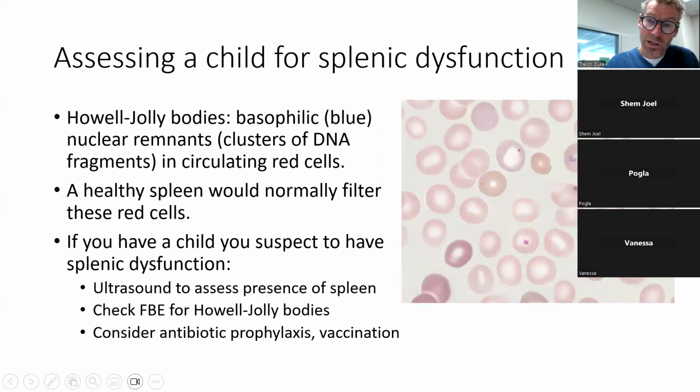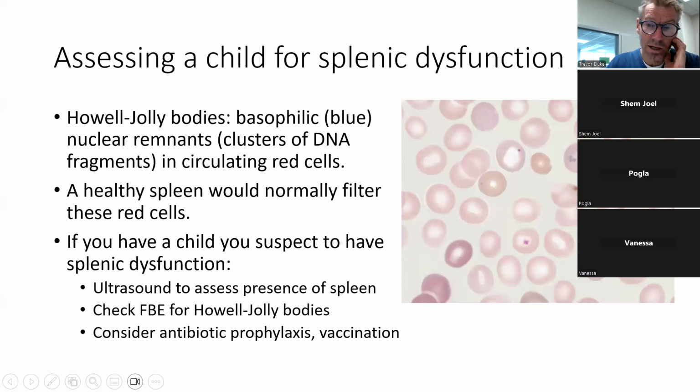But if you've got asplenia, then there'll be a lot more circulating red cells that still have a nucleus, and still have these remaining fragments of DNA within the red cells. And that's what Howell-Jolly bodies are. They're just remnants of nuclear fragments within the red blood cells.